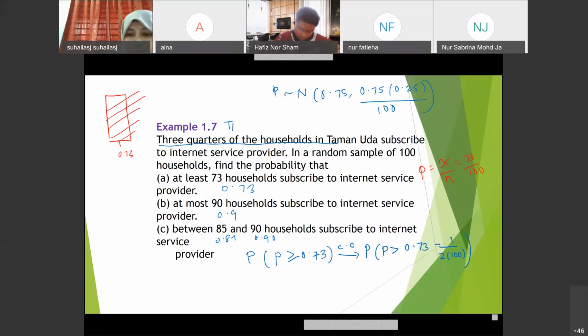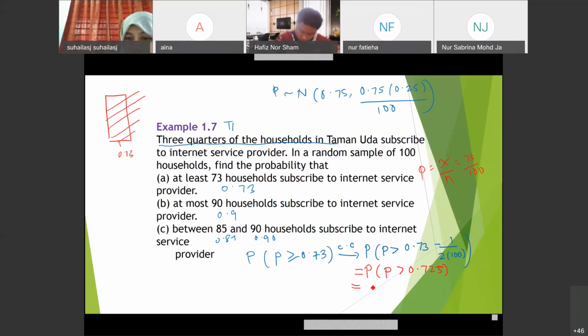So in here you will get the probability P greater than 0.725. Next, you standardize.